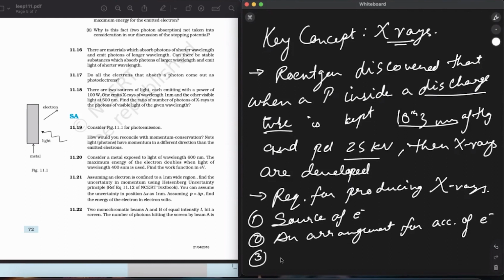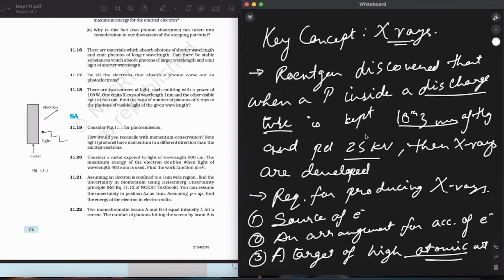Number three, a target of suitable material. The material should be highly dense, with more mass. This should be a target of high atomic weight, because higher atomic weight means higher melting point, so that helps us. You have to check for this number. So note down this. This is the basic concept behind the X-rays.